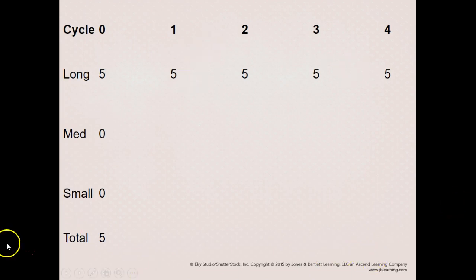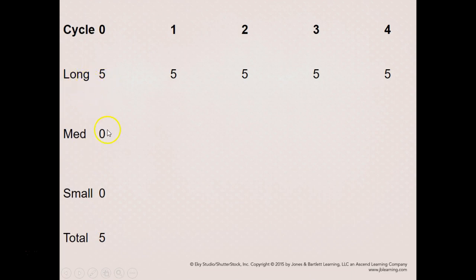So what you want to remember is that whatever the long strands are that I give you, that number is always going to stay the same. And at the end of each cycle, you're going to have a doubled amount of DNA. So at cycle 0, that means we haven't started. We only have 5 strands of DNA because that's what I've given you.